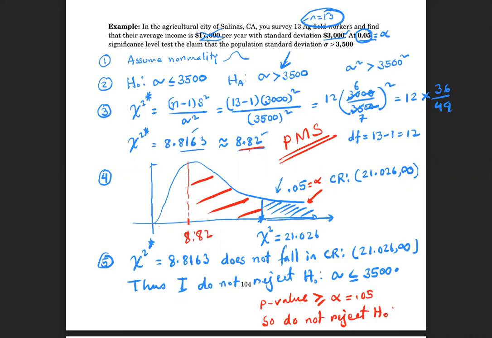So hopefully you are comfortable with hypothesis testing. This was the last topic for hypothesis testing, standard deviation or variance hypothesis testing. That concludes our month-long journey of confidence interval and hypothesis testing, probably one of the most useful things in the class, along with probability.